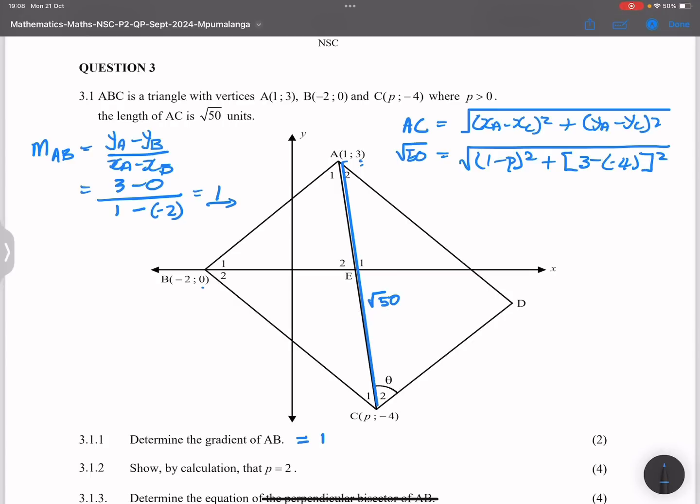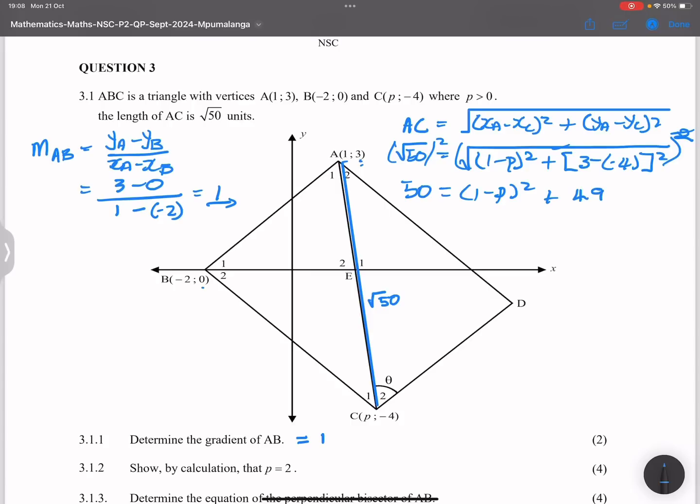That's squared. Now obviously what we're going to do is take the square root on both sides to remove the roots. So that's 50 is equal to, the square cancels out the square root, so this would give us (1 minus P) squared plus, 3 minus a negative 4 gives us 7. 7 squared is 49.